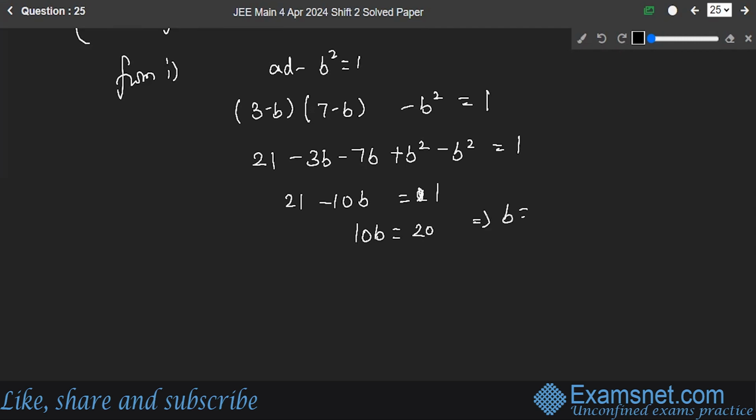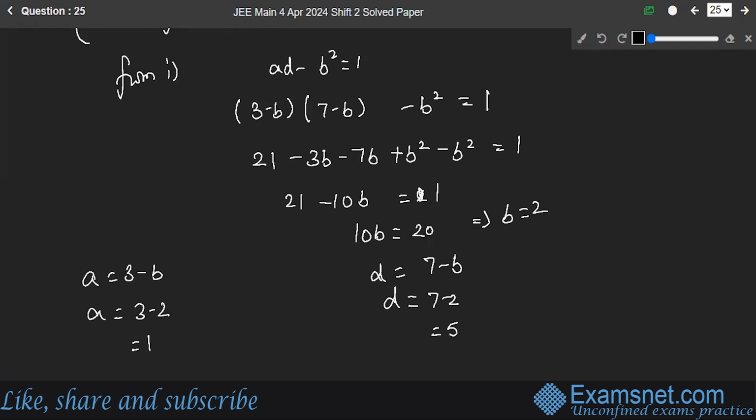This gives me B is 2. So if B is 2, we had A is equal to 3 minus B, and D is equal to 7 minus B. So A came out to be 1 and D is 5.